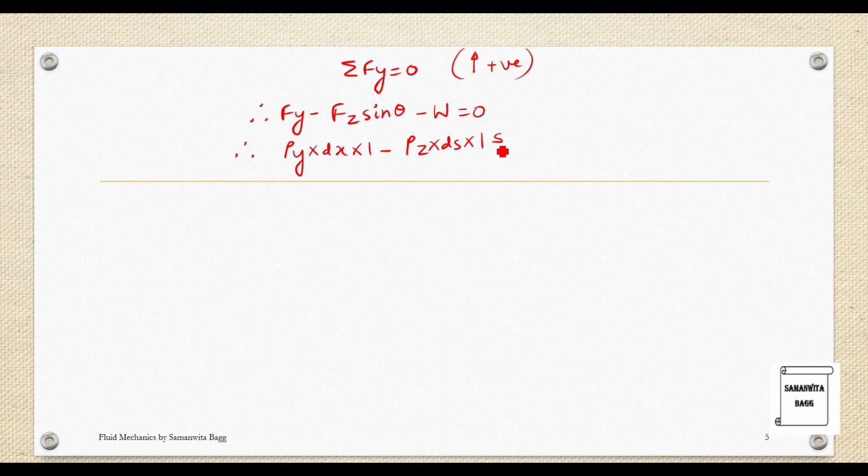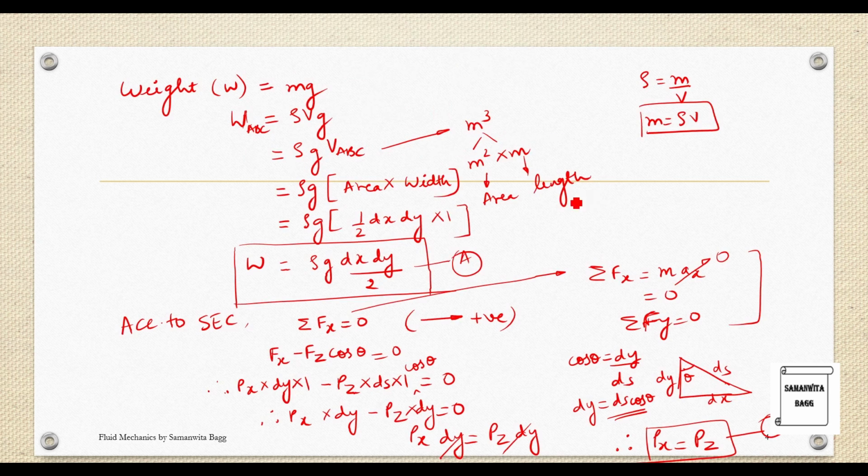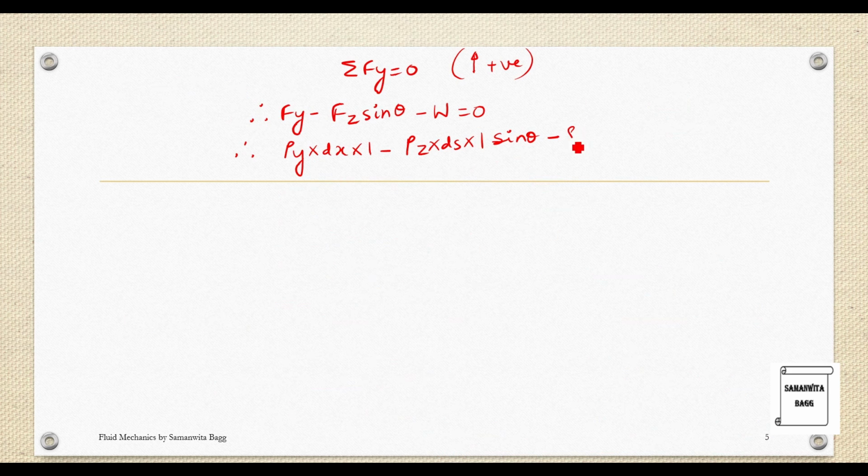minus, okay, there is a sign term here, minus the weight value is rho g dx dy by 2 is equal to 0. Now since we are considering this element to be very small, I will remove this factor of weight and I'll assume that this is negligible. So if weight is negligible, what remains is Py into dx minus Pz into ds sin theta is equal to 0.